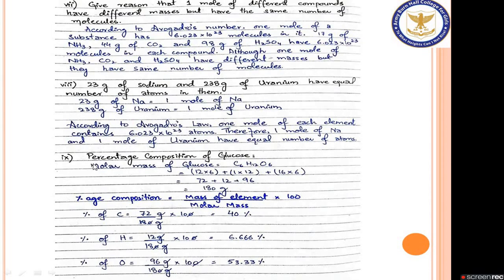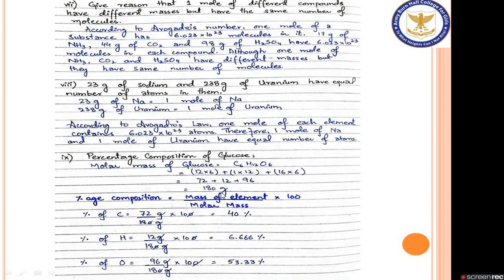Part 9. We have to calculate the percentage composition of glucose and also define the percentage composition. We have discussed the definition of percentage composition in detail. Regarding the calculation of percentage composition of glucose, first you have to calculate the molar mass of glucose, which is equal to 180 grams.